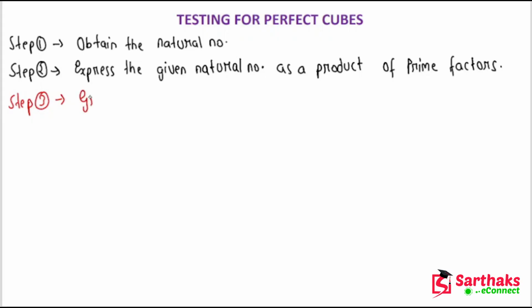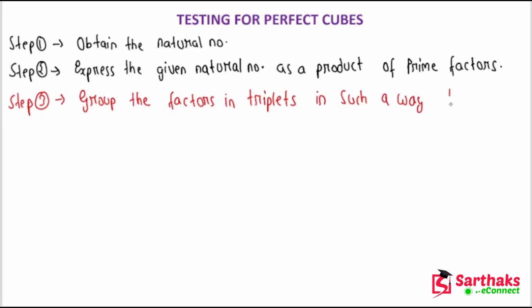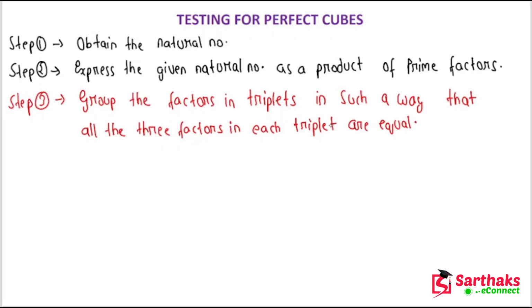Okay, so it says that group the factors in triplets in such a way that all the three factors in each triplet are equal, right?